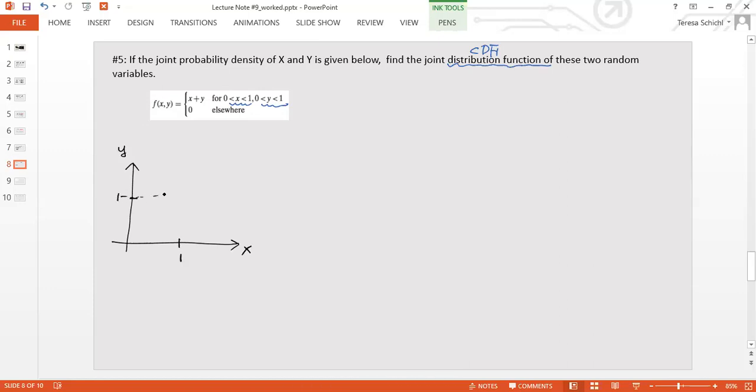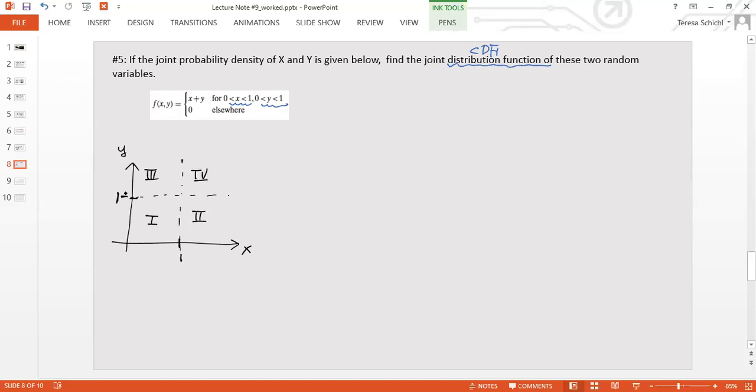So you divide this whole region into regions 1, 2, 3, and 4, correct? Okay, so this is 1, right?